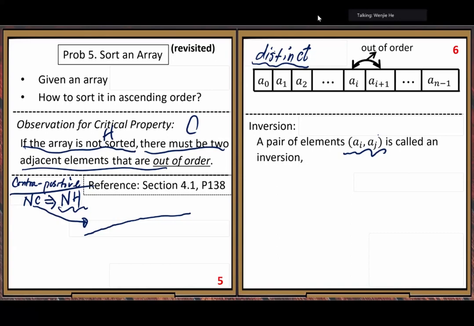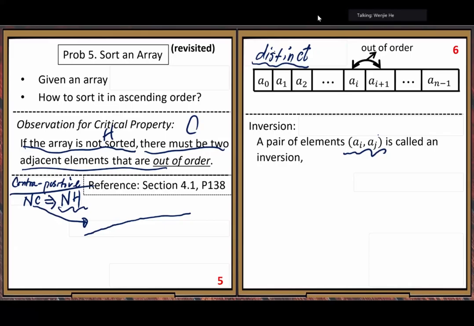Because for the wrong order, we need to do some work to fix it. For the right order, do nothing. Keep it. The wrong order, we should fix it. So our energy and our resource should be allocated to the wrong order case.